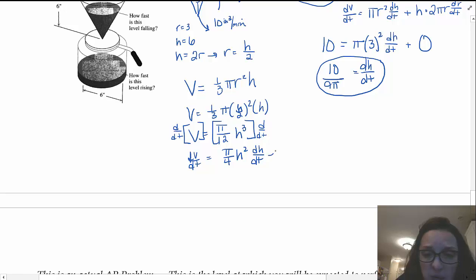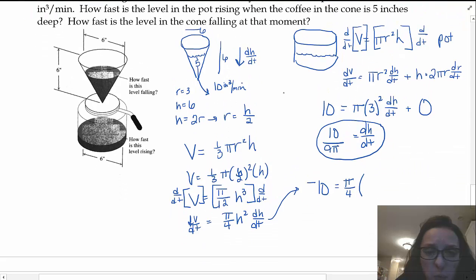Oh my goodness, I'm running out of room here. So let's see, dV dt, well, the volume of coffee in the cone, the volume's leaving at 10 cubic inches per minute. So this is going to be negative 10. Pi over 4. H for the whole cone was 6, but for the water was 5. So I got to use the 5. Because again, I'm not dealing with the volume changing of the conical filter.